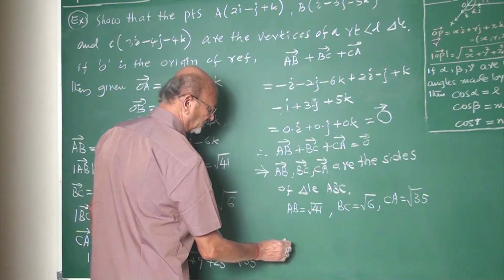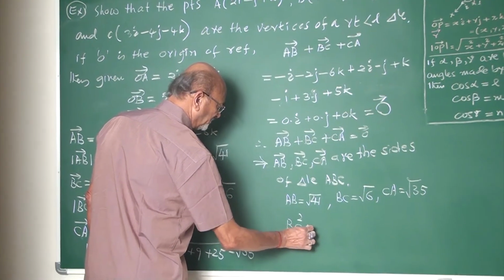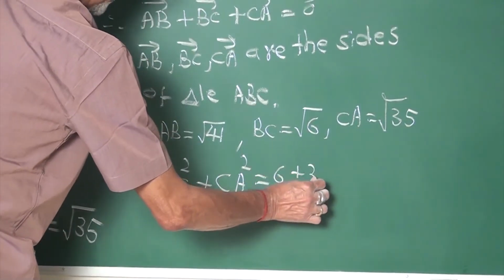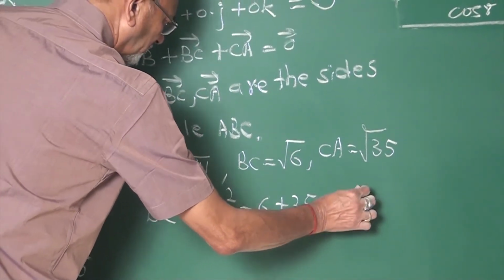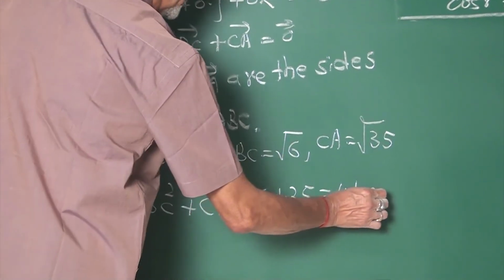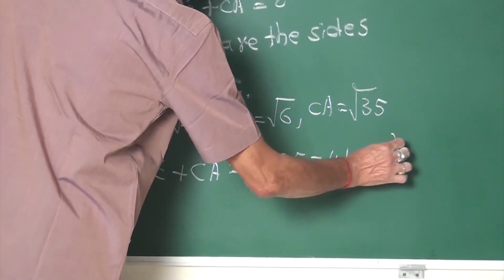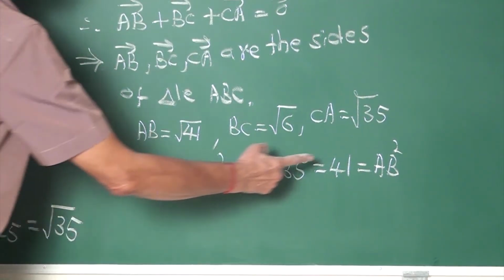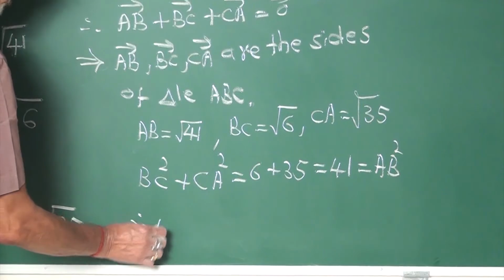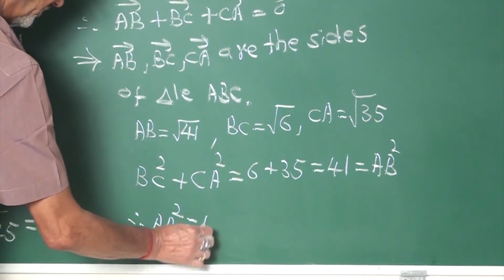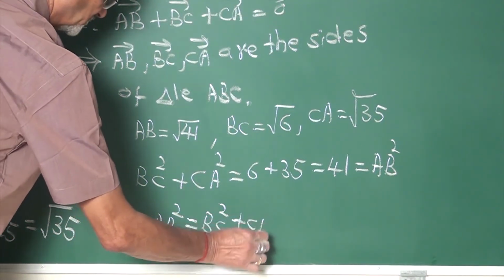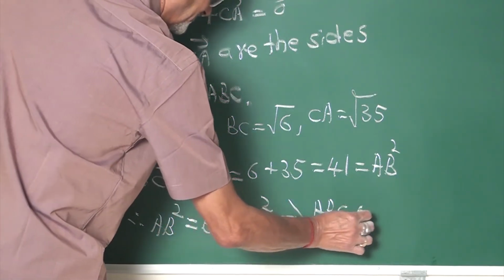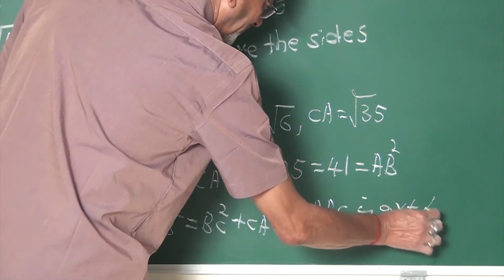What is your verification? BC square plus CA square: 6 plus 35 is 41. 41 is AB square. Therefore, AB square equals BC square plus CA square, which proves that ABC is a right angled triangle.